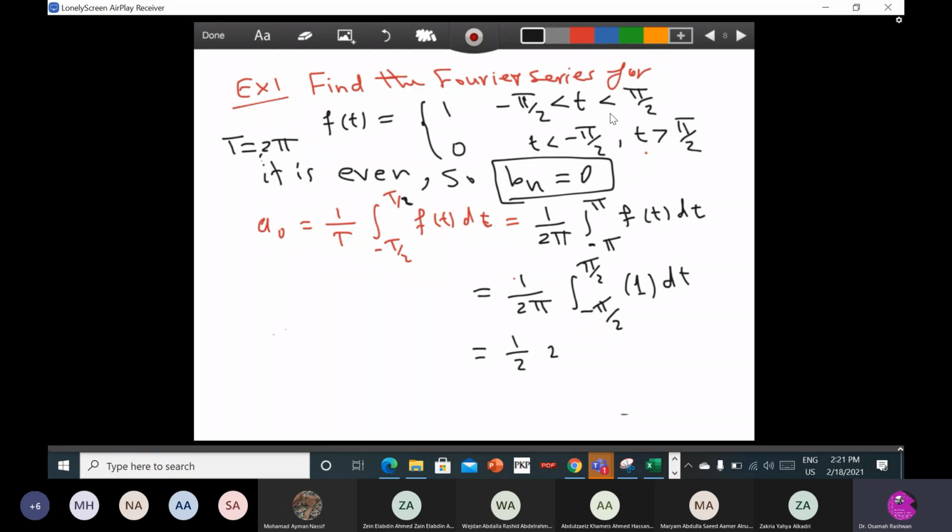So because it is even, you multiply by 2 and integrate from 0 to pi. This integration will be 1 over pi times t from 0 to pi. When you substitute, you have 1 over pi, and this is pi minus 0, so you cancel out. So your A naught is what? 1.